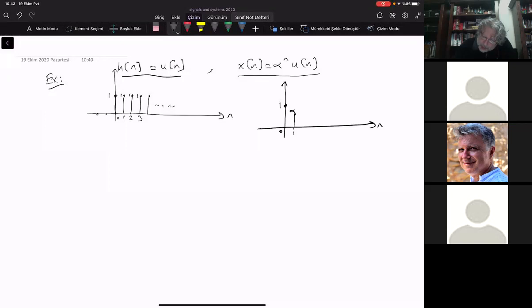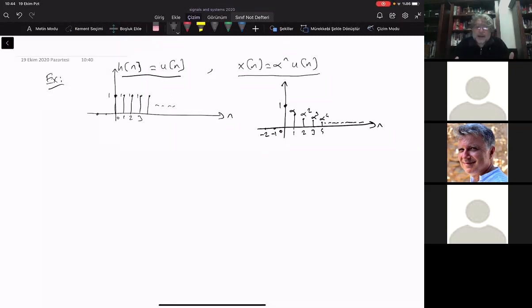At n equal to 2, its value will be alpha square, and then alpha cube, then alpha to the 4, etc. So it will be a decaying exponential at 0, 1, 2, 3, 4, etc. For all the values before 0, the value is 0, because by multiplying alpha to the n with u of n, I deliberately cut this exponential from 0 and make it only on the right-hand side, a right-hand sided signal.